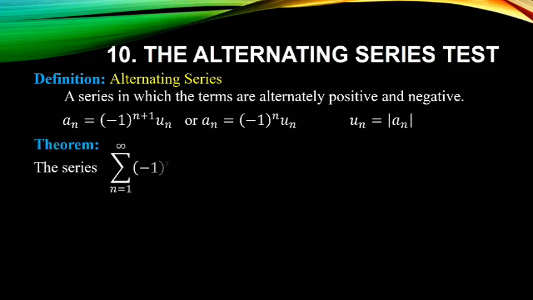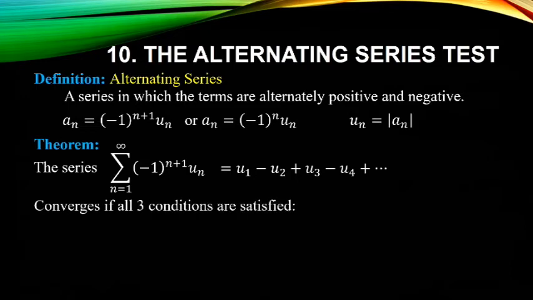Our theorem: the summation of negative 1 raised to n plus 1 times u sub n is equivalent to u sub 1 minus u sub 2 plus u sub 3 minus u sub 4 plus so on and so forth. It converges if all three conditions are satisfied. So the u sub n's are all positive. By taking the absolute value of a sub n, the u sub n's are all positive.